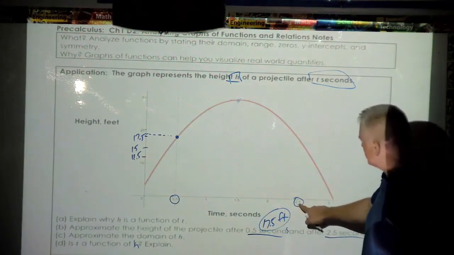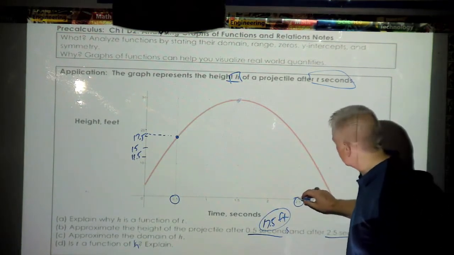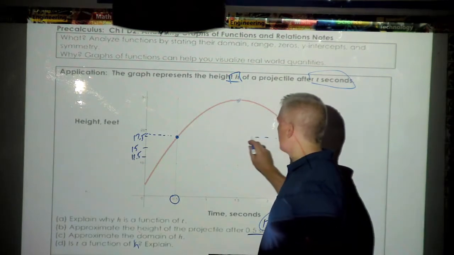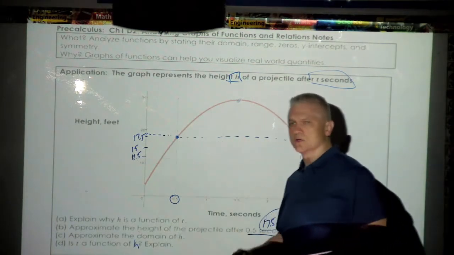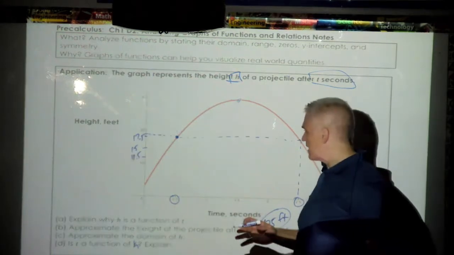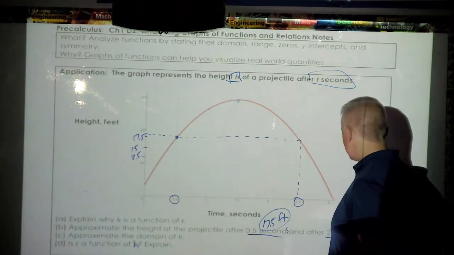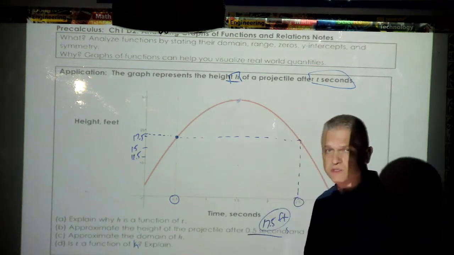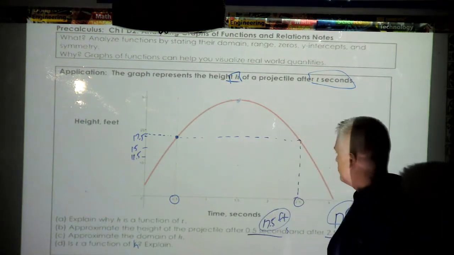Now, if you go over here to 2.5 seconds and you go up to your graph, it's actually on the same horizontal grid line that's on your notes. So, in fact, the same height is where the object can be found after 2.5 seconds.